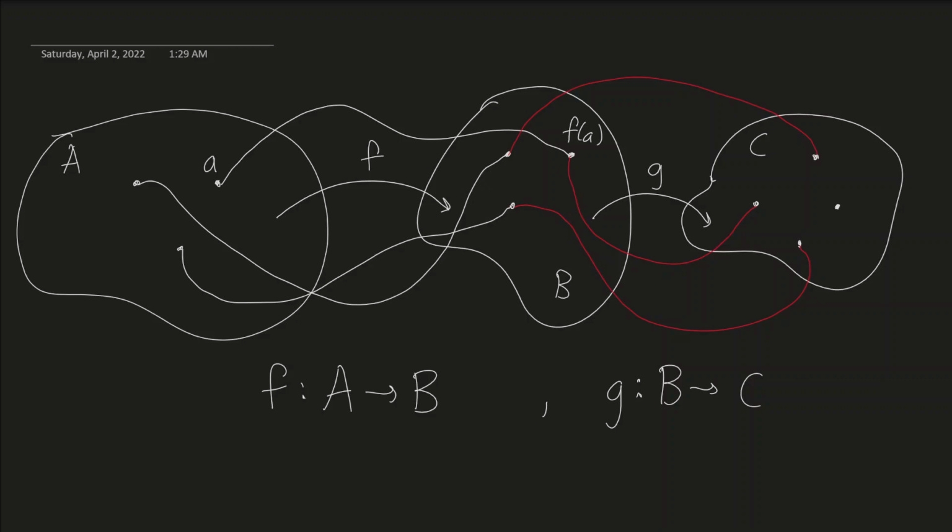So this point here will be g of f of A. Right? f of A is the value of f at A, which is some element of B, because f maps into B. So f of A is one element of B, which we can then map through g. So that value then would be g of f of A. Okay, so our notation makes sense.